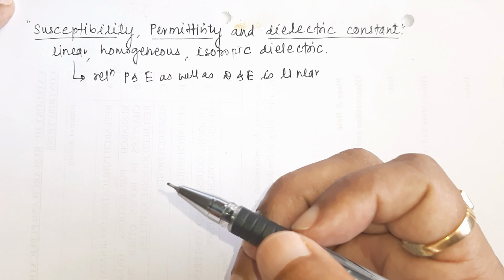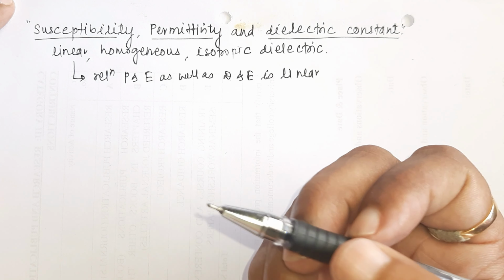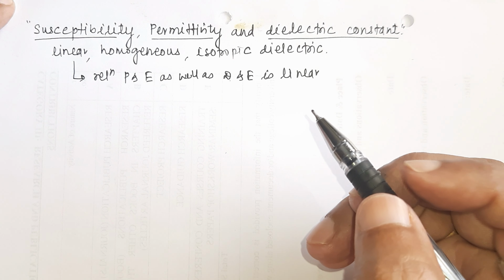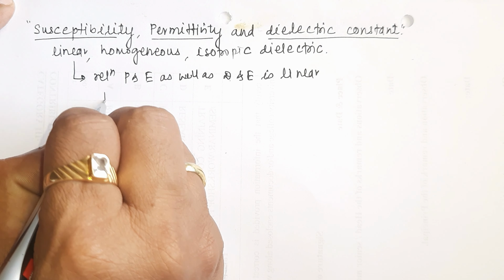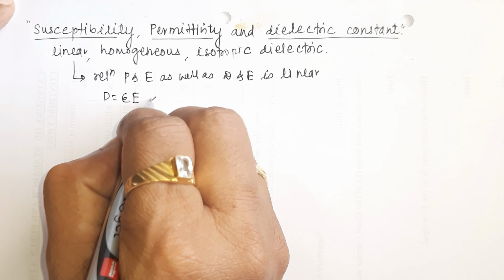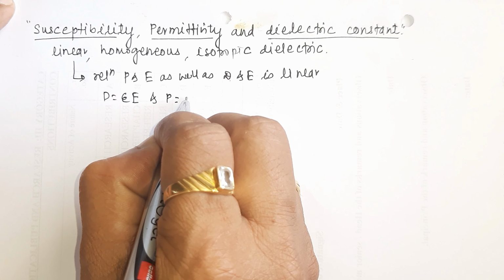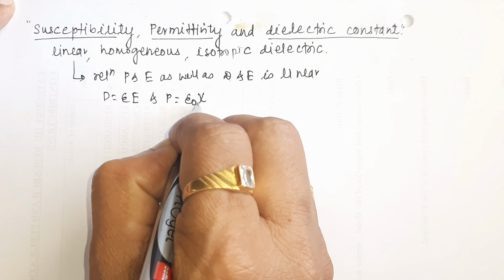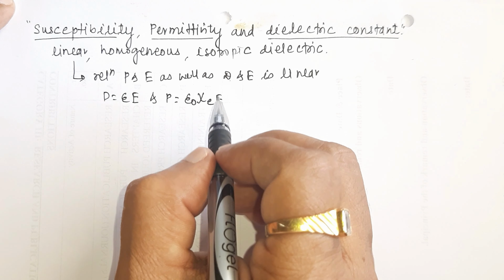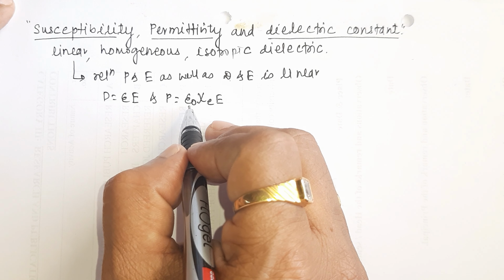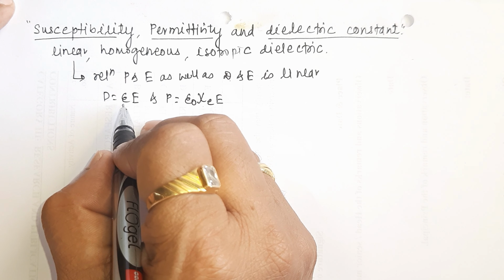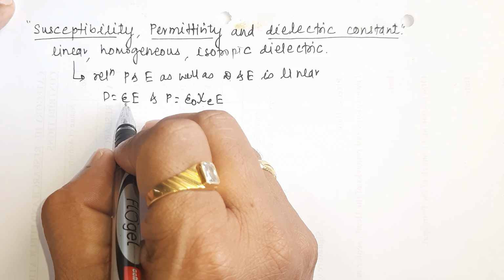There is a direct proportionality between these two terms. So we would then write equations like D is equal to epsilon E and P is equal to epsilon naught chi E into E, where chi E and epsilon are constant. This means chi E and epsilon are constant at a given point for the dielectric.